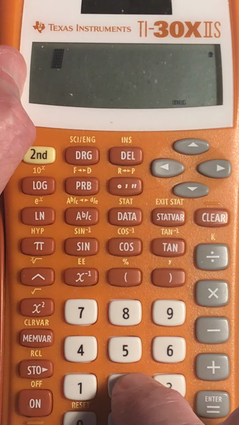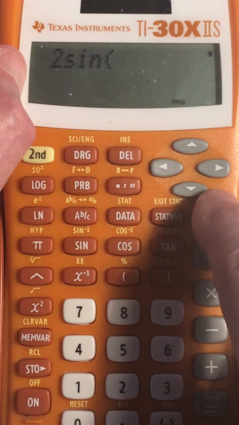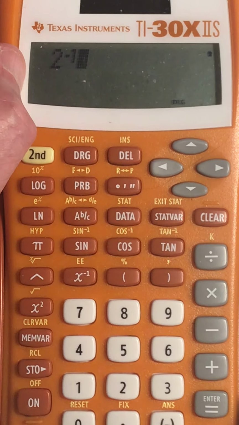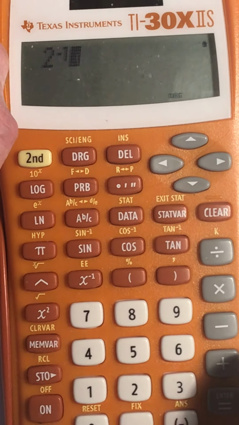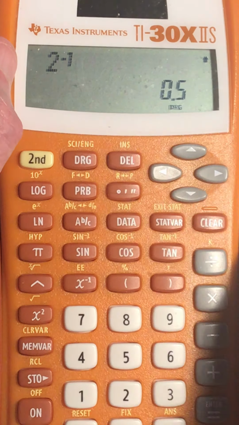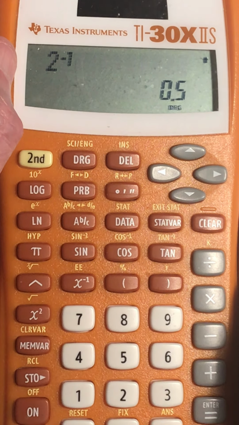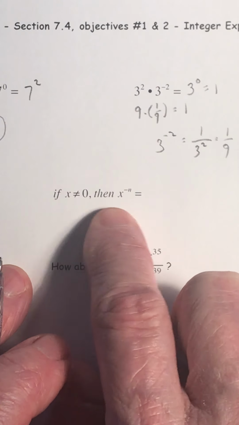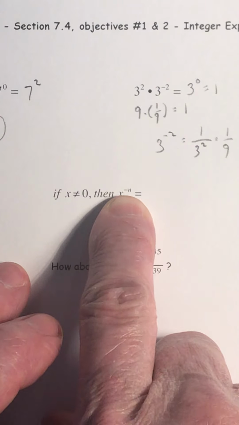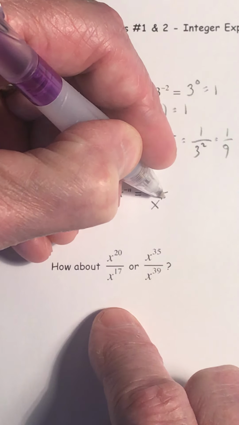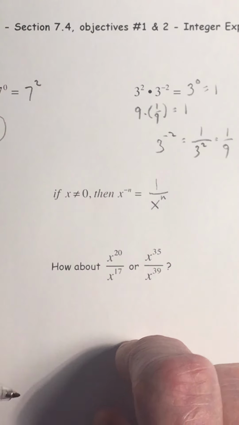If I put a 2 and then hit that key, 2 to the negative 1 power, that's 1 over 2 to the first power, which is 1/2. So it shows me the decimal for 1/2. See that? So what we're learning here is, again, x can't be 0, then it doesn't get defined, but anything to a negative power is equivalent to 1 over the same thing to the positive version of that exponent, or opposite power.